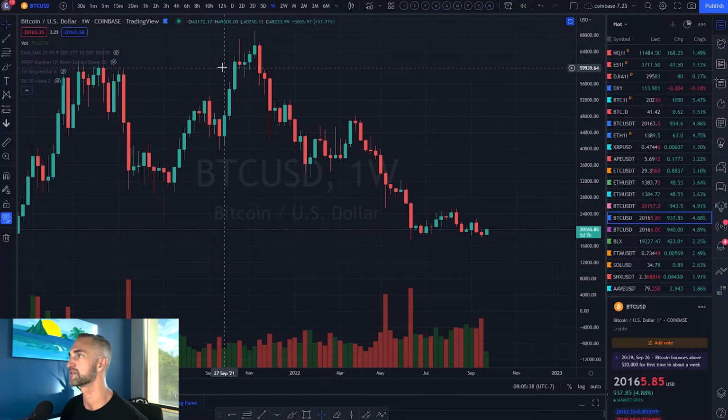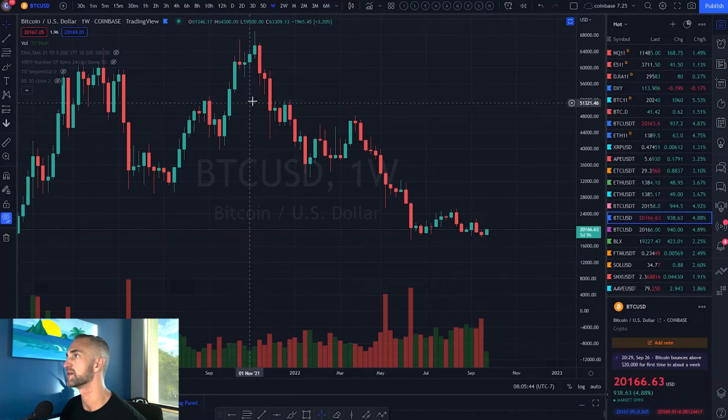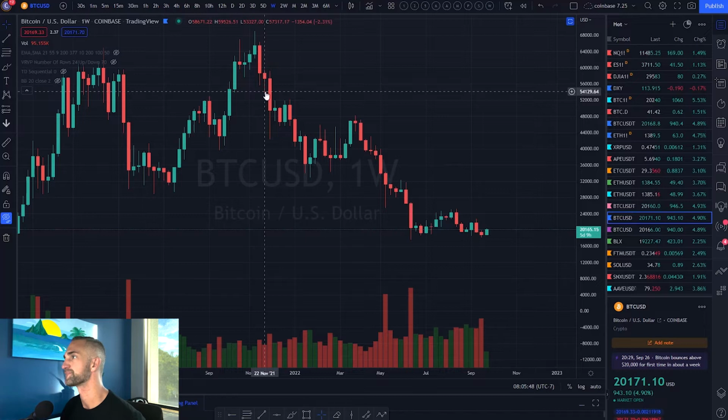Some would say the first lower low was right here. This would be considered a low, and this would be a lower low. In fact, this is a lower closing low. And then this would be your first lower high.